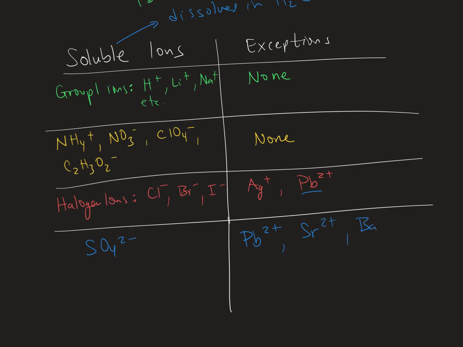Where are strontium and barium on the periodic table? On the bottom of the second column, group 2. These are the heavy group 2 ions, if you want to remember it that way. Okay?